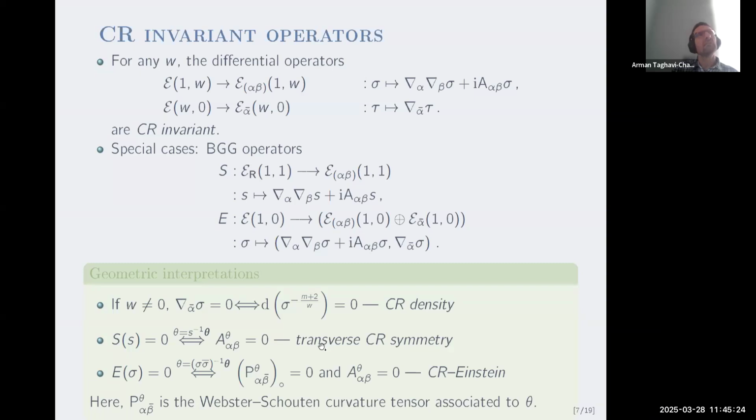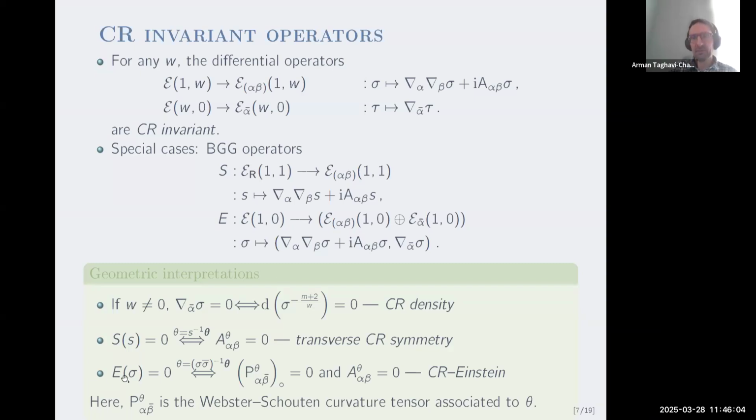This tells me that the Reeb vector field associated to the contact form is a transverse CR symmetry, so it's a symmetry of the CR structure. If I take the Lie derivative of any vector in H10 along the Reeb vector field, then it's still an element of H10. Typically I write on the board when we come to this stage, but if you have any questions, just let me know.